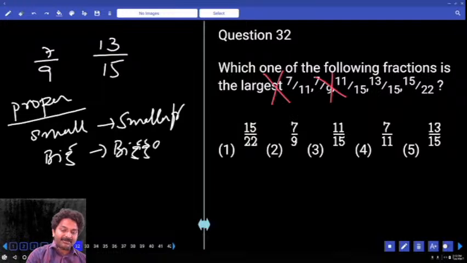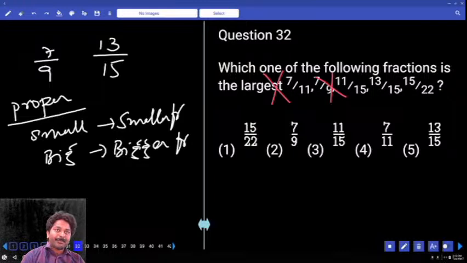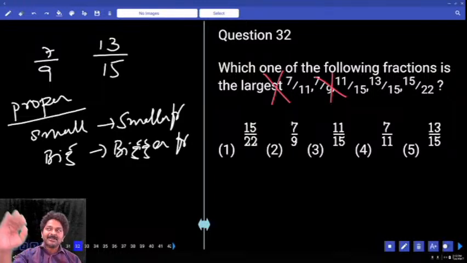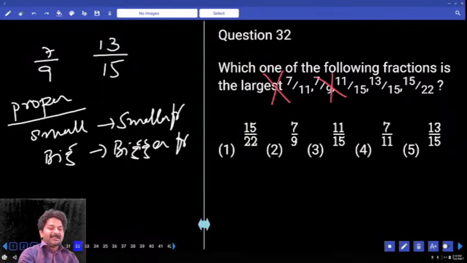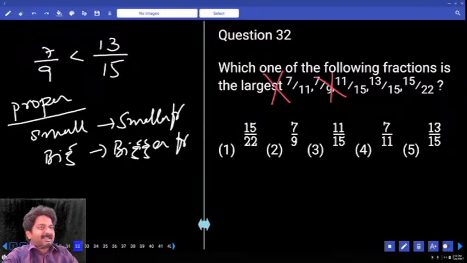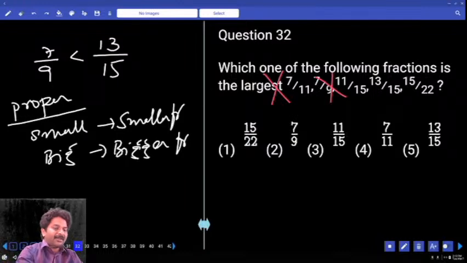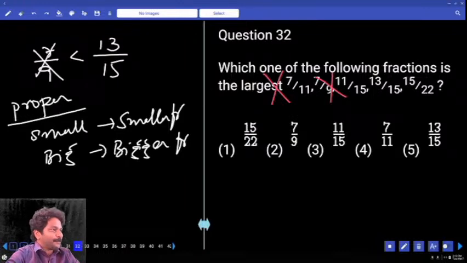If the difference between numerator and denominator is the same and the fractions are proper, you can compare only numerators or only denominators, up to you. Taking numerators, 7 is less than 13, so 7 by 9 is less than 13 by 15. Now you can eliminate 7 by 9.